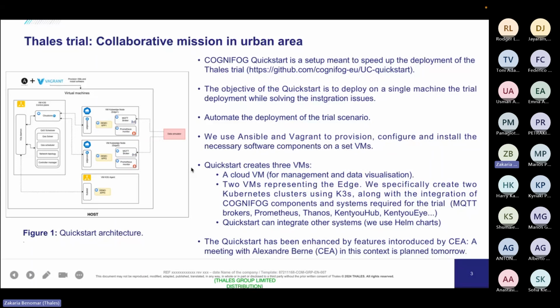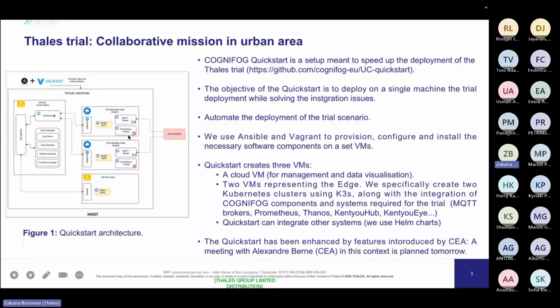As I said, we use Ansible for configuration and Vagrant for provisioning the machines that we need. If you follow the GitHub repo that we created for Quick Start, it will create 3 virtual machines. One VM is the cloud, which we can see here on the left, where we deployed a set of services for control and data management.